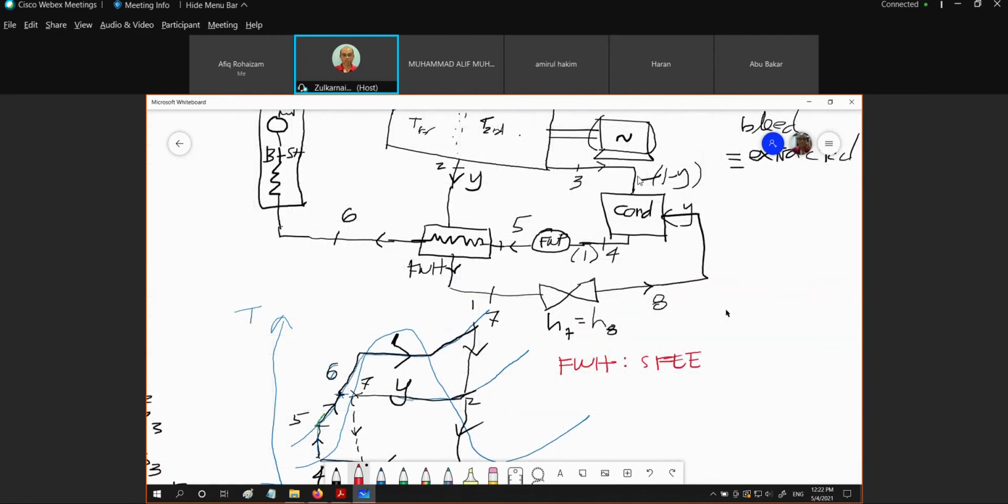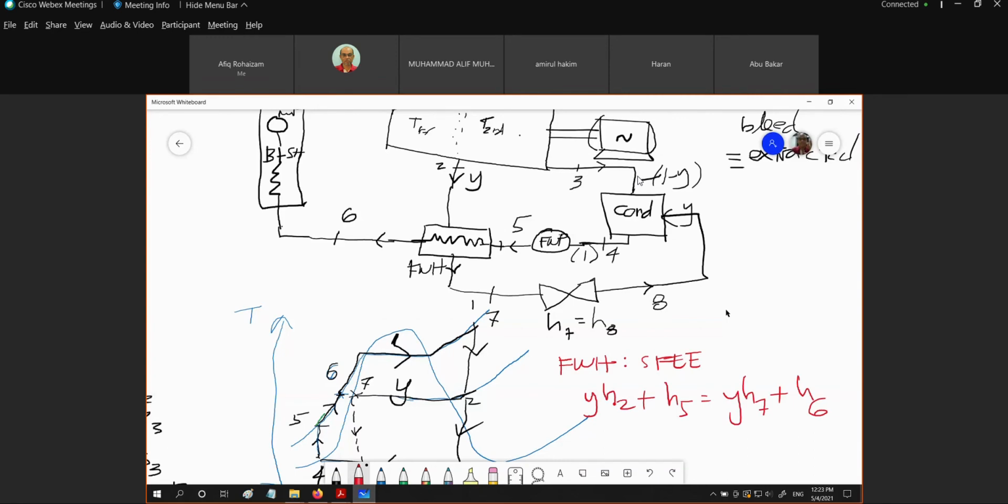What is the energy in? This part, energy in, which is Y H2, plus what is flowing right here, 1 minus Y, H5, equal to the energy out: Y H7, plus 1 minus Y, H6.